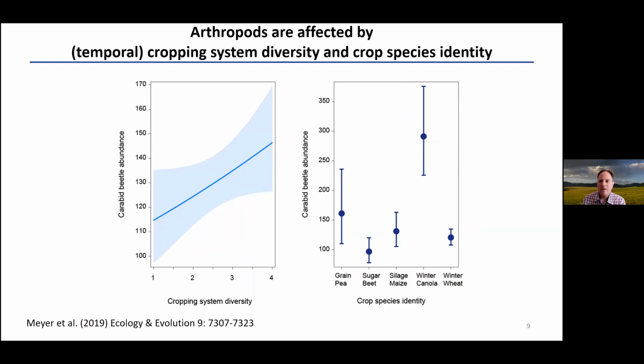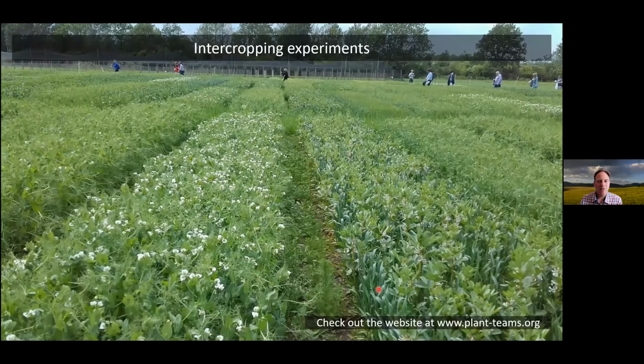Okay. Moving on to another experiment, which is an intercropping trial in the framework of an EU project that we just finished with several sites across Europe. And in there, we manipulated the mixture, so basically monocultures versus mixtures of legumes and cereals.